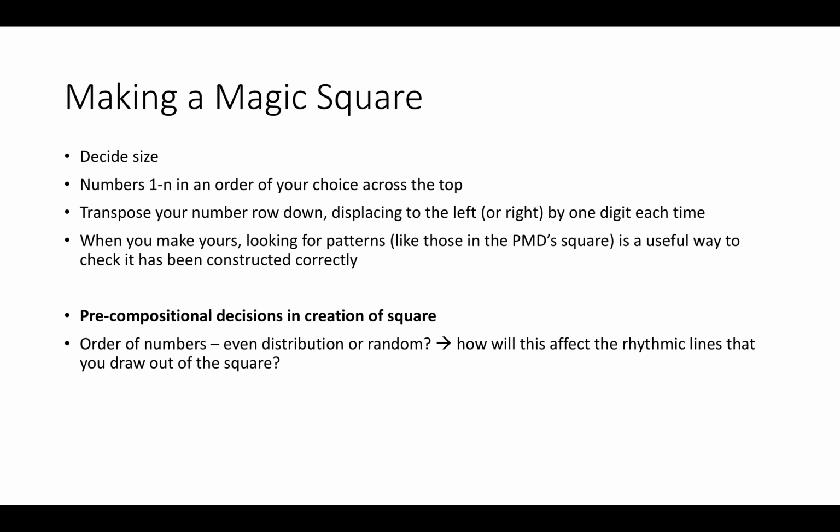Is that to do with how you modulate the numbers? Is that to do with just putting them in at random and seeing what comes out? These are all questions that you have to ask yourself when you're making the square. Secondly, are you distributing your numbers to the left or the right, and how will this affect your patterning?